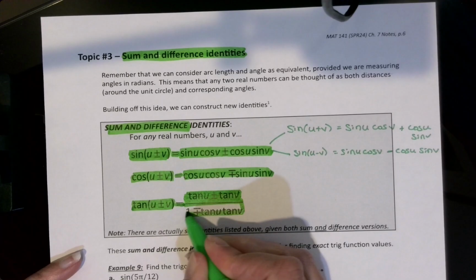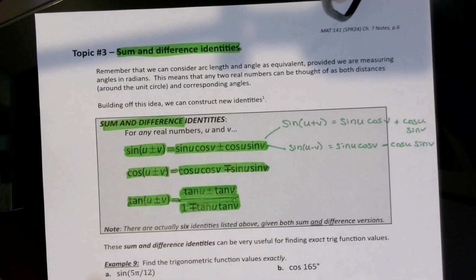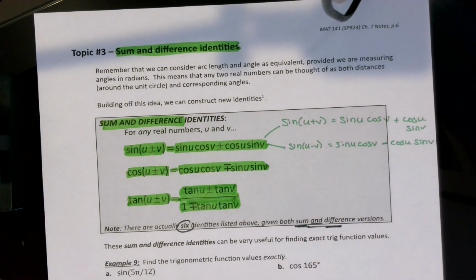The sum and difference identities can be very useful for finding the exact trig function values of angles, such as the angle 5 pi over 12 or 165 degrees.